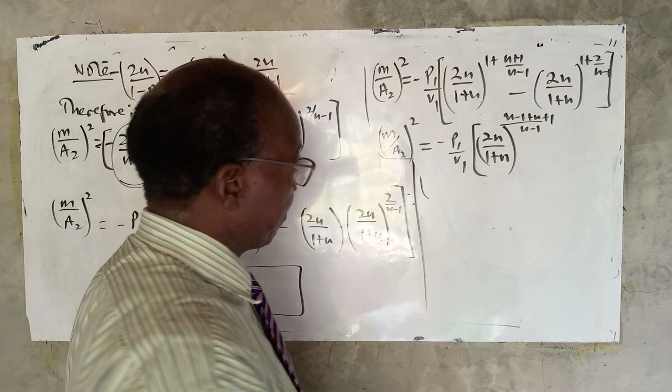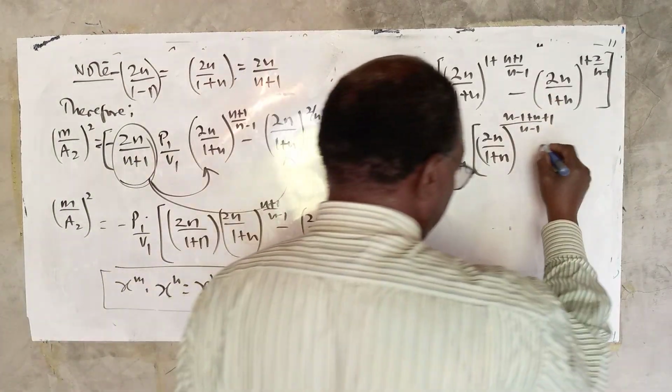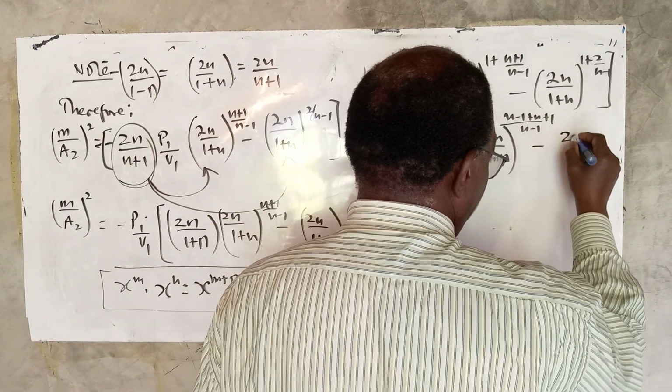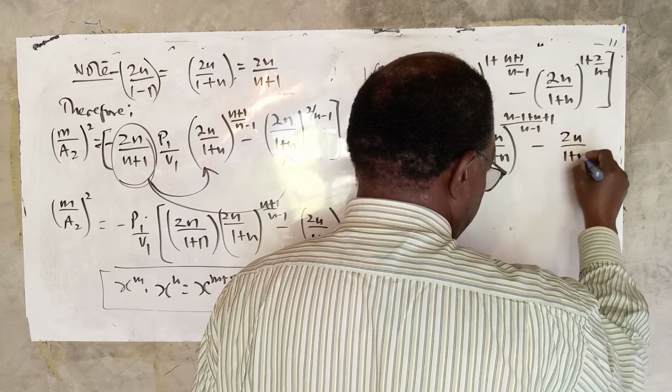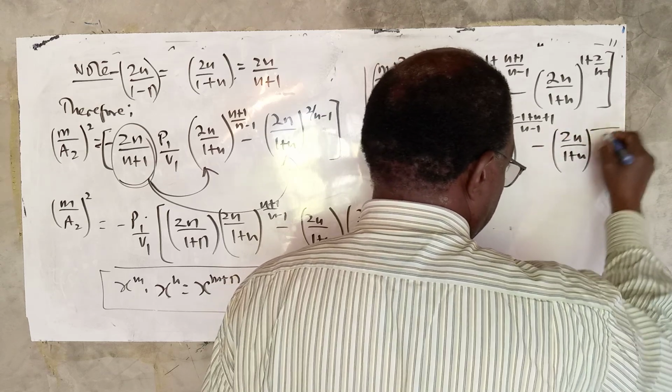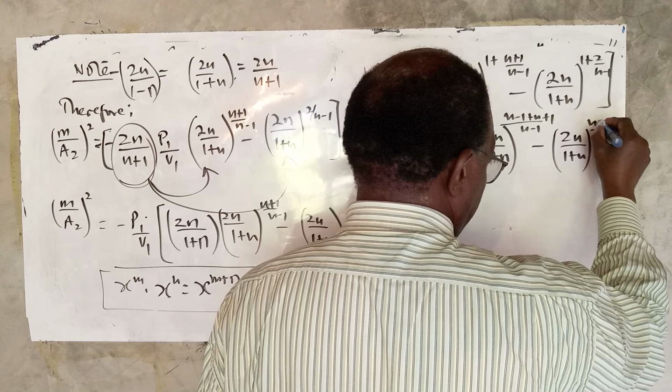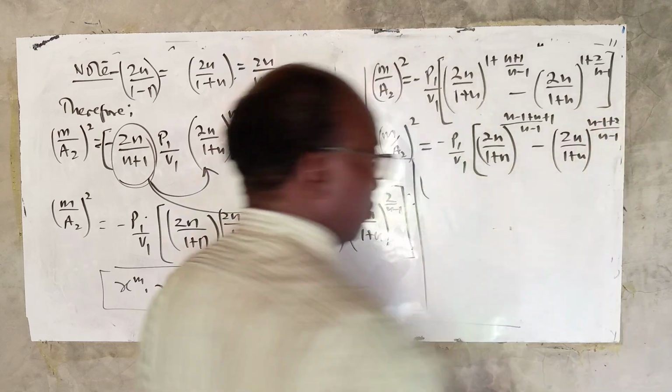Very simple. Again, for this particular one, will be 2n over 1 plus n, LCM is n minus 1, will be n minus 1 plus 2.